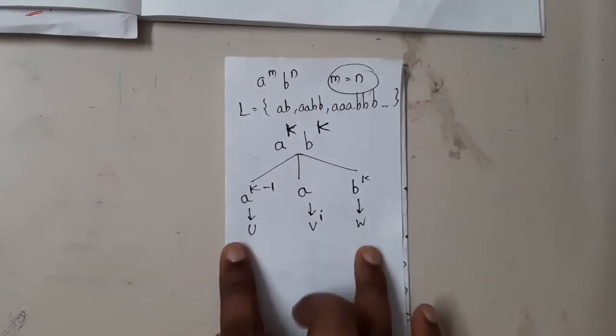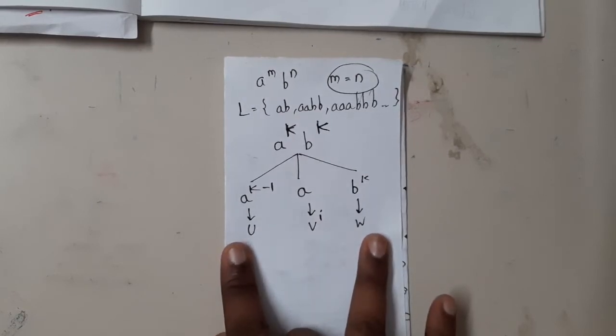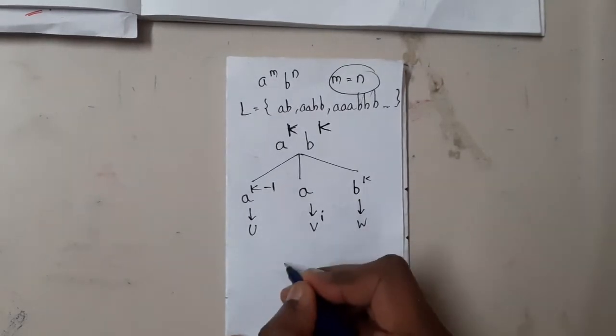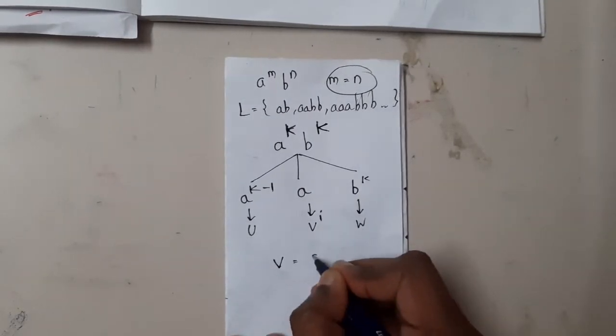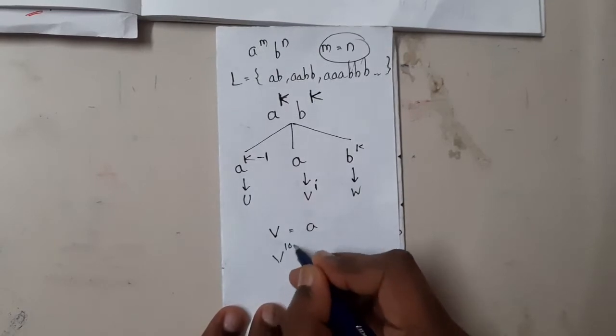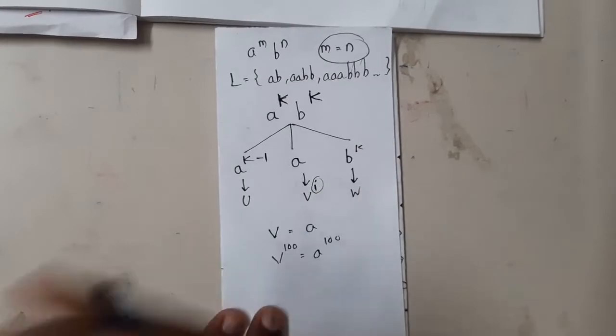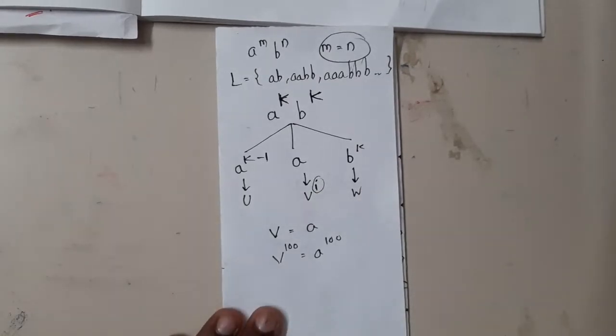When it comes to u and w, they are constants. But for v, I wrote power i on purpose. So v is a, and v power 100 is a power 100. Here i indicates it can be increased to any power as per my requirement.